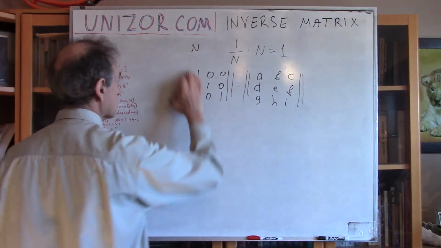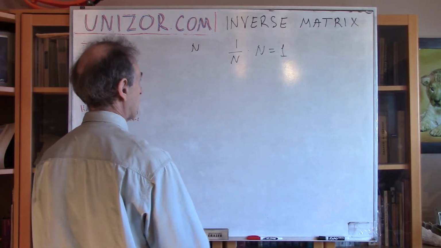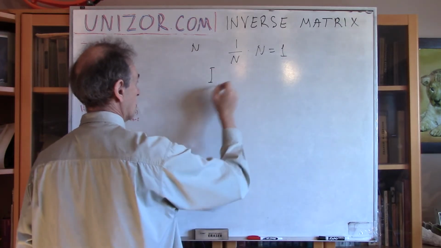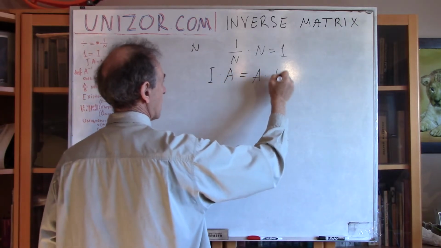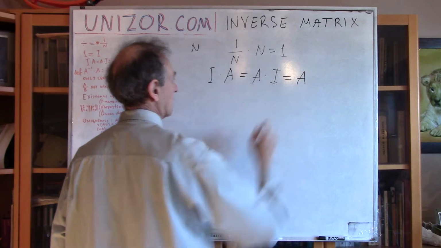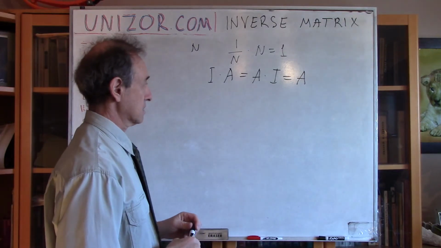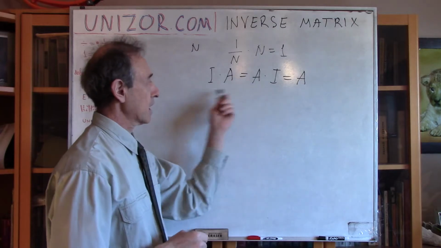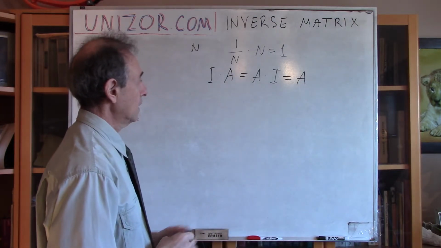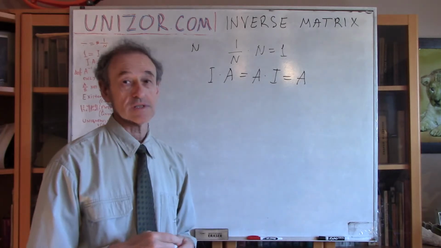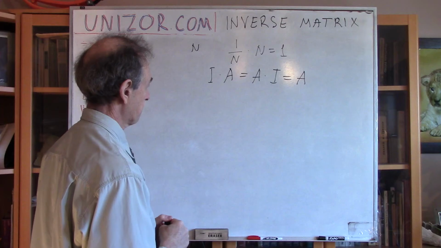So in matrix notation, if identity matrix is I, then I multiplied by any matrix is the same as the original matrix. The multiplication can be on both sides, doesn't really matter. In this case, by the way, multiplication is commutative, which is generally speaking not the case.